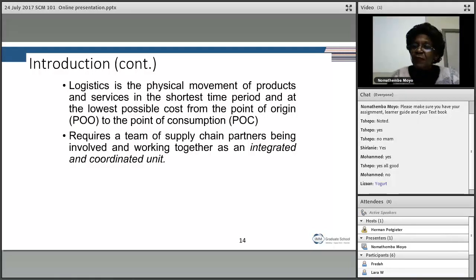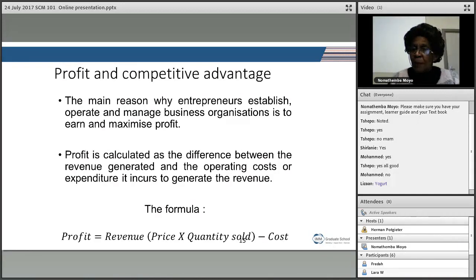So these people will have to work as a team, working together as an integrated and coordinated unit, not as individuals, because we are all about cutting costs throughout. Transporters are part of it.